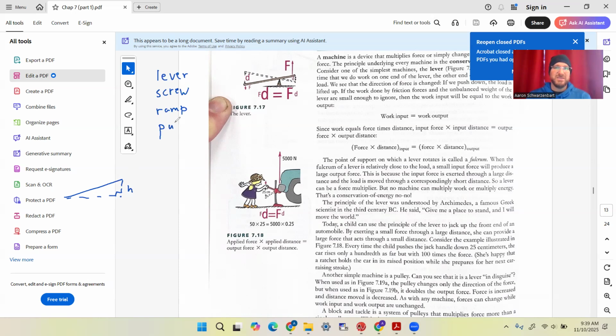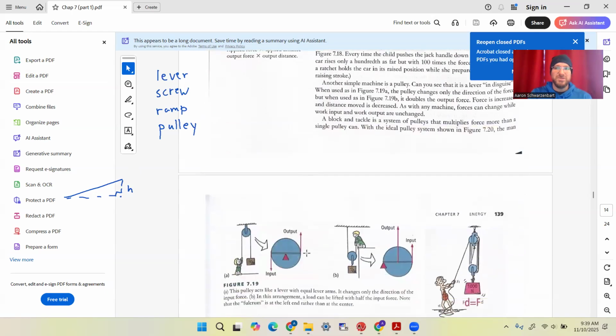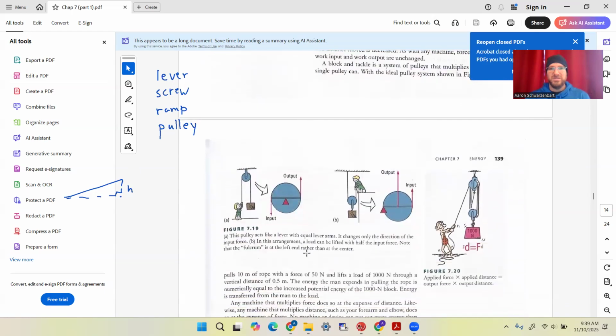The last one we're going to talk about is the pulley or the pulley system. A single pulley can often just be used to, all this pulley right here is doing is switching the direction of the force. This thing is being supported by one object.